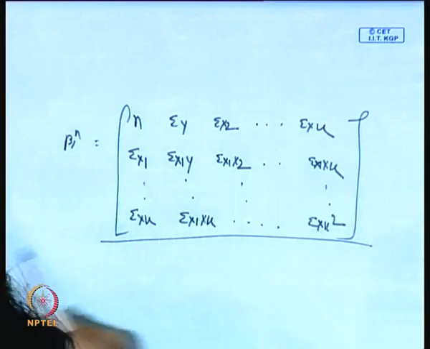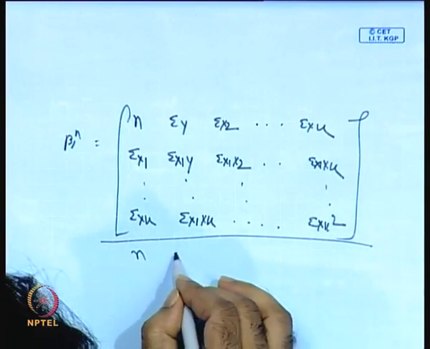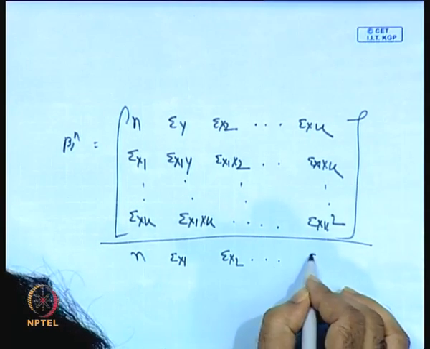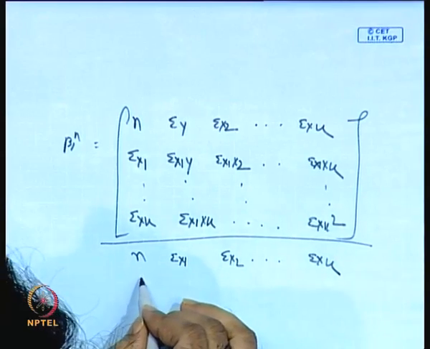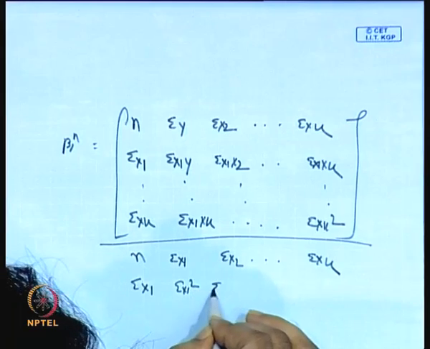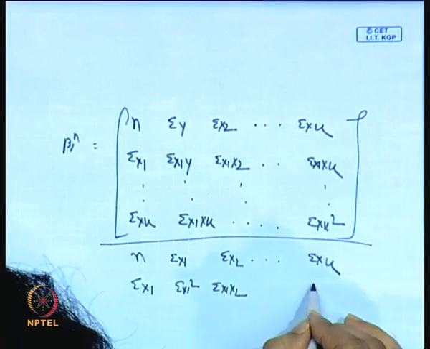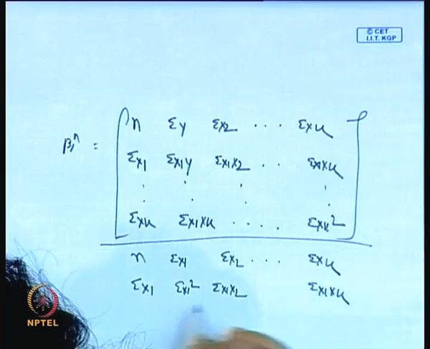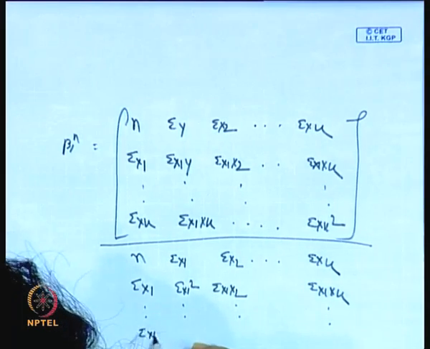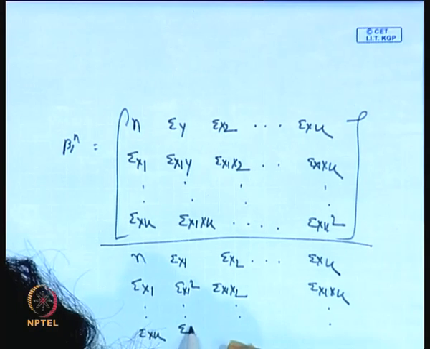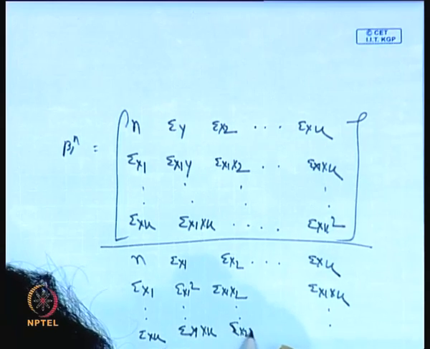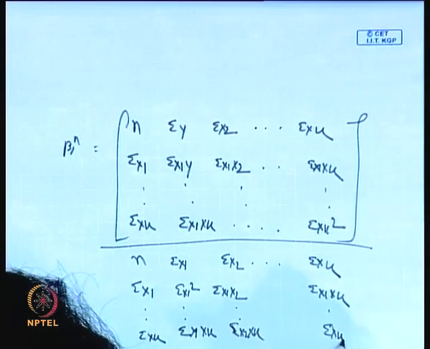Divided by n, summation x1, summation x2, summation xk, then summation x1, summation x1 square, summation x1 x2, summation x1 xk, continue, summation xk, summation x1 xk, summation x2 xk, summation xk squares.